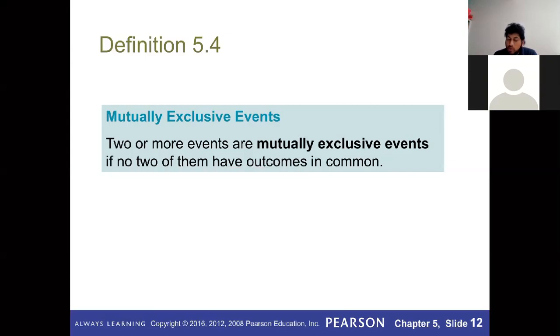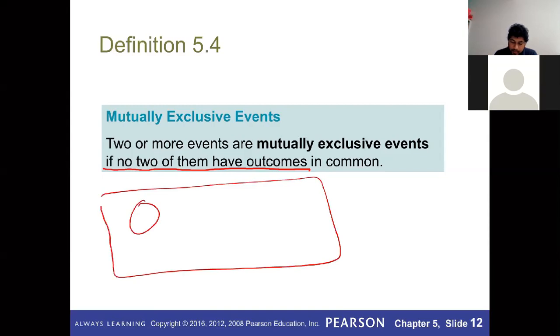This is my sample space. Everything we are talking about in events should live inside a sample space. This is my A, this is my B, and another event, this is my C.